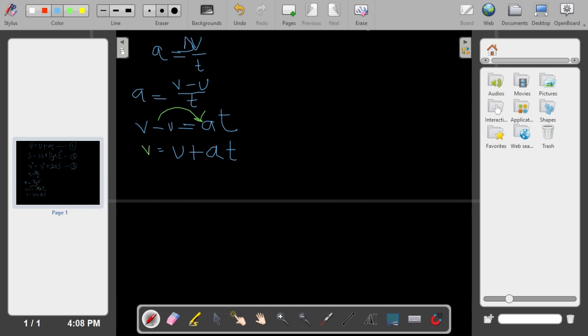Now the next phase is proving the second equation of motion. So I have successfully achieved this. For the second equation of motion, recall that the second equation is given as S equals ut plus half at squared.